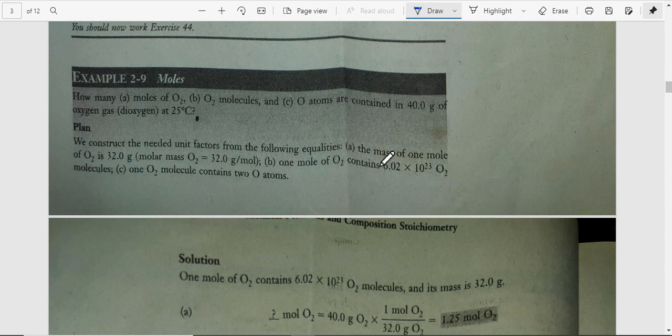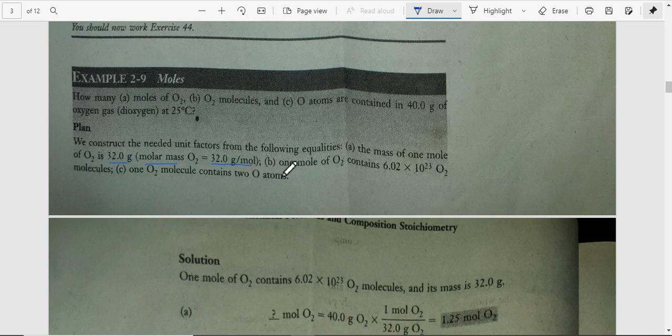First, the mass of 1 mole of your O2 is 32 grams. Next is the molar mass of your O2. Molar mass is simply expressed in grams per mole. It is a combination of its mass and its 1 mole below.